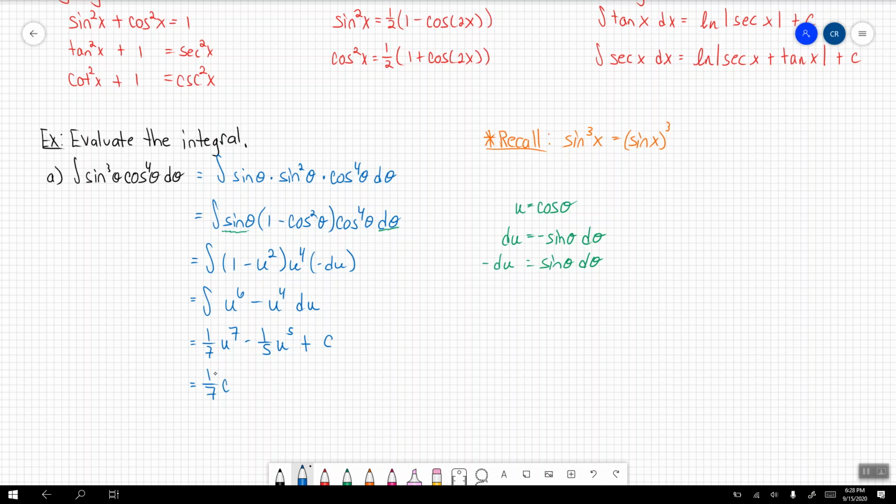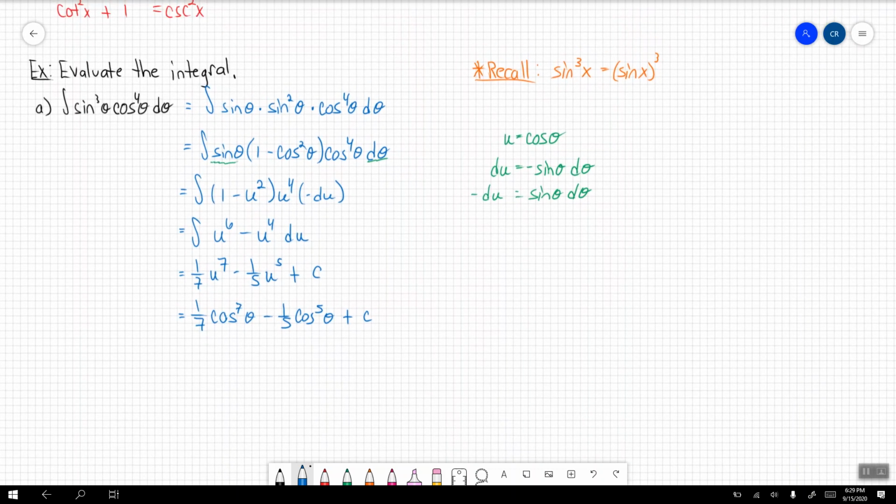And now we have 1/7 multiplied by cosine to the power of 7 theta, minus 1/5 multiplied by cosine to the 5th theta plus the constant. And there we have it. That's pretty much it. So again, as long as we follow the process, as long as we follow those techniques, this should lead us into something that we can actually integrate and something that we can actually do.